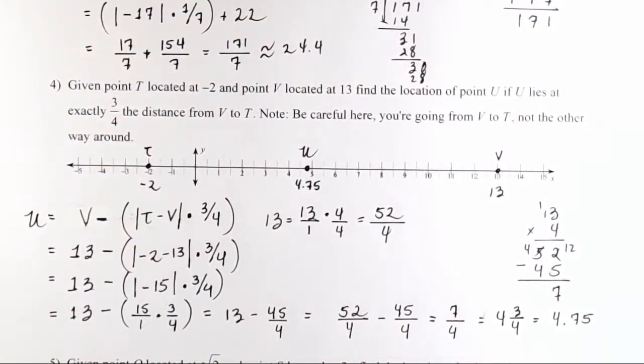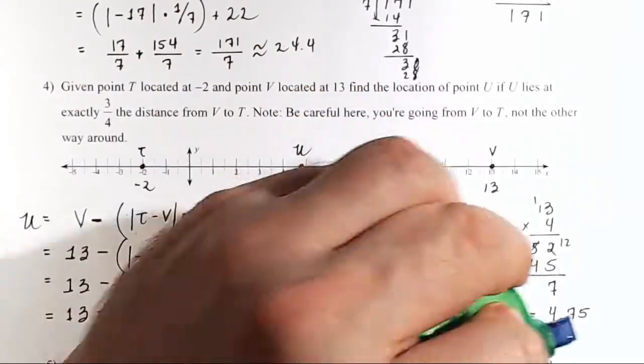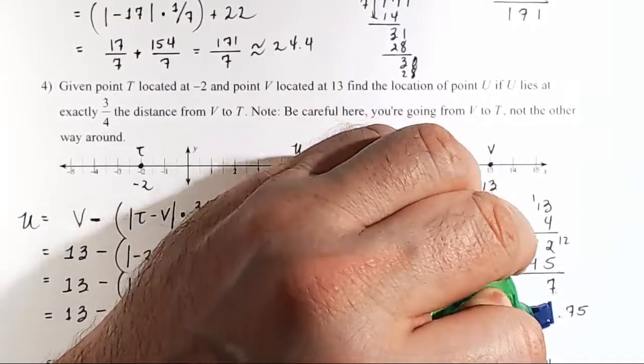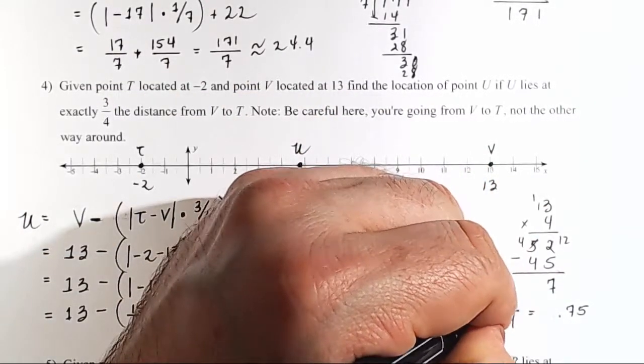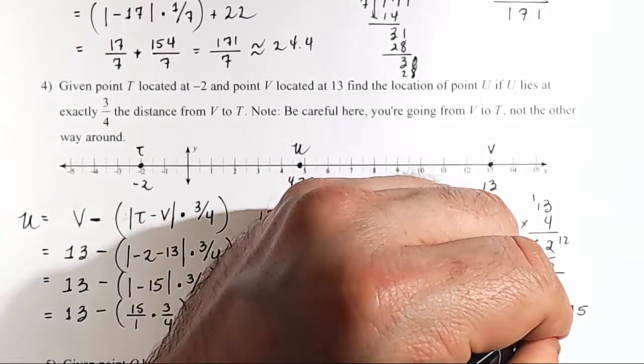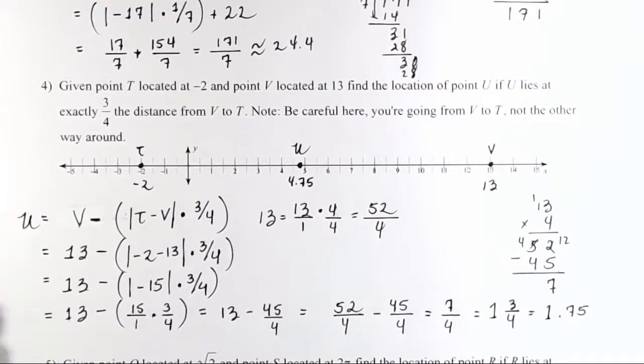Good Lord, I'm sorry. It's very late at night. Sorry, this should be 1 3/4. Good thing we checked. Okay, sorry. You're probably all going, what? Why did he ever write 4 there? This should be 1.75. I'm an idiot. That's why I wrote it there.